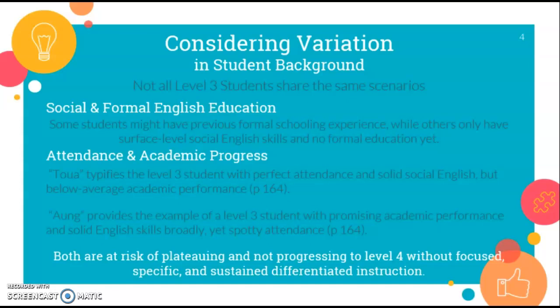This student had very good academic learning in their home country. Ong, on the other hand, is an example of a level 3 student with promising academic performance, solid English skills broadly, yet they have spotty attendance and they are at risk of dropping out if they are not given specific and sustained differentiated instruction.